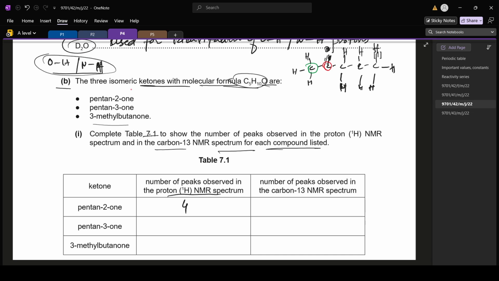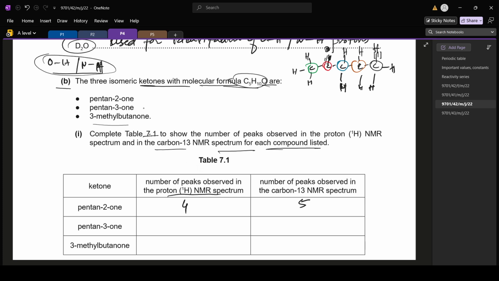Then this carbon is also a different environment, and then this carbon, and at last this carbon, which are also different environments. So there are five different environments of carbon. So five peaks will be shown.